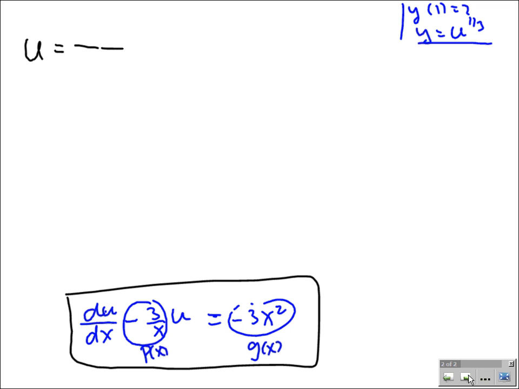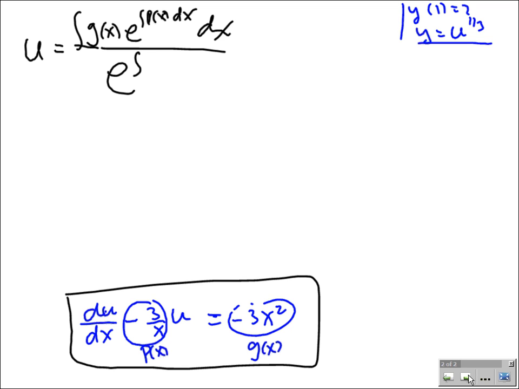u is equal to the integral of g of x times e to the integral of p of x dx, all over e to the integral of p of x dx. Well, g of x is negative 3x squared, and p of x is negative 3 over x.